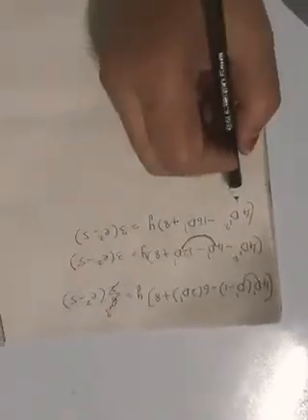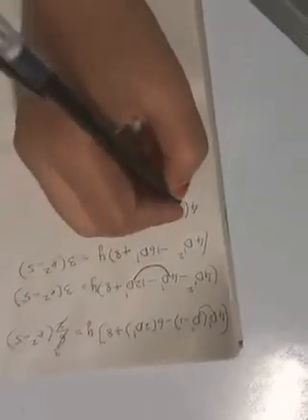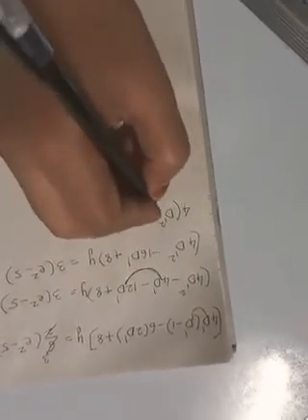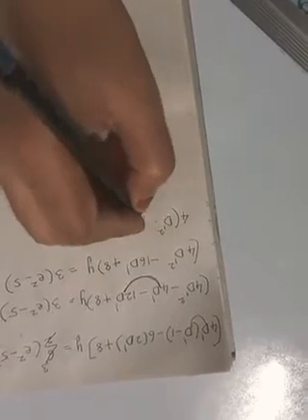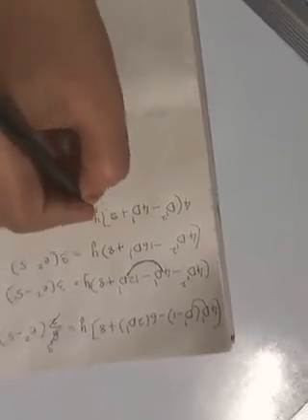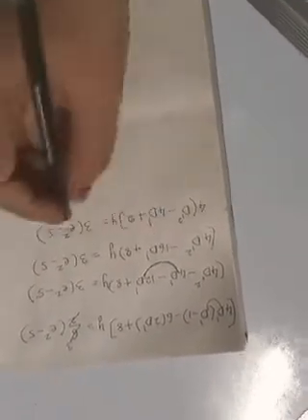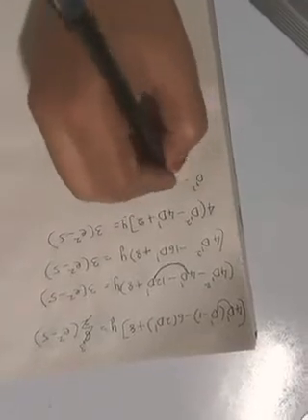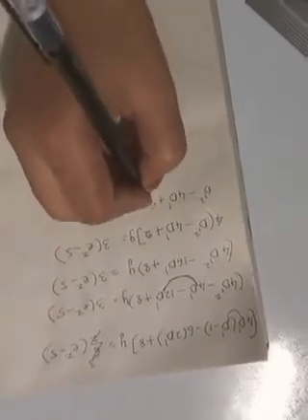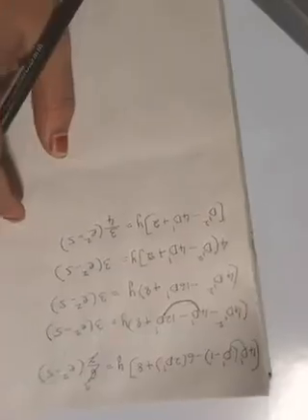Now if I take 4 common, here I'll get 4[D'² − 4D' + 2]y is equal to 3(e^z − 5). So this 4 I am sending here: (D'² − 4D' + 2)y equals 3/4 (e^z − 5).